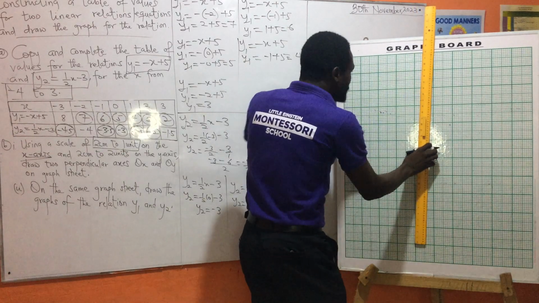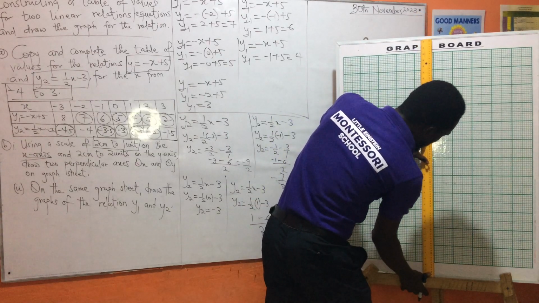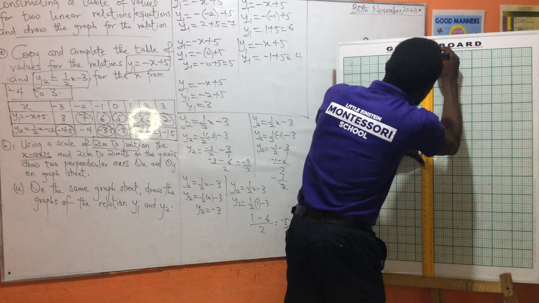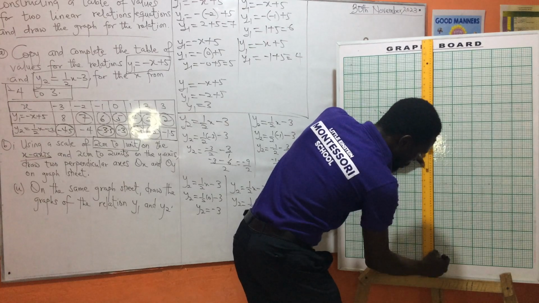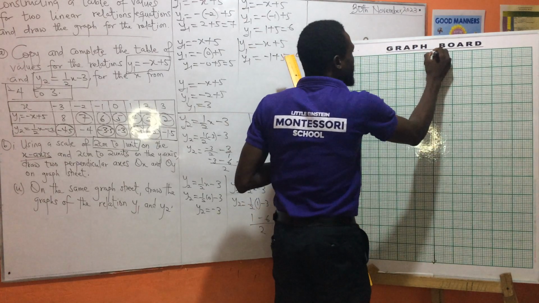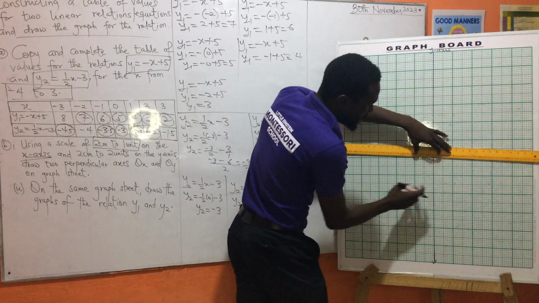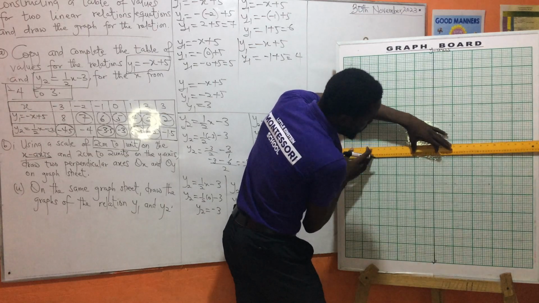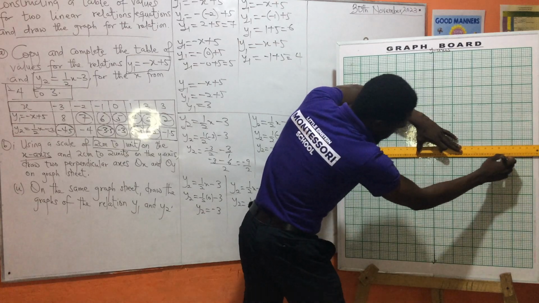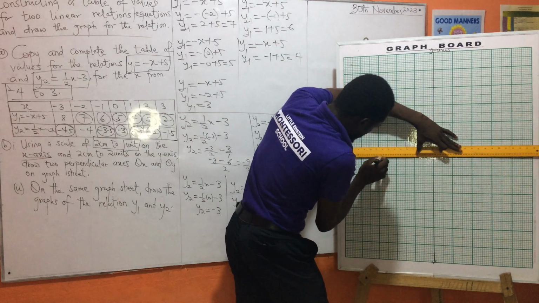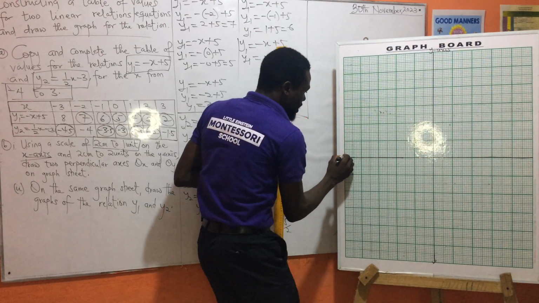So this is going to be my y-axis. So let's draw our line. So this is my y-axis. Then my horizontal being my x, 1, 2, 3, 4, 5, 6. Good. So this becomes my x-axis.